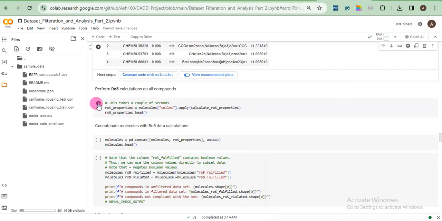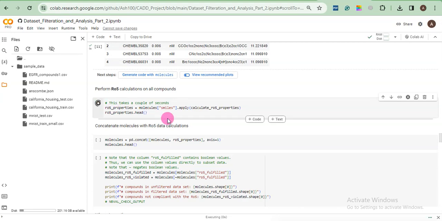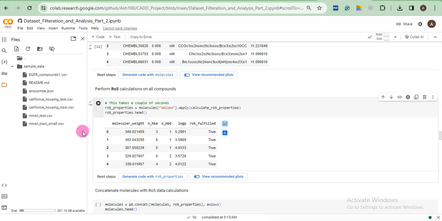Now we will calculate the rule of 5 for all the molecules present in this data set. If you remember, the data set contains 6,800 and I think 15 molecules.